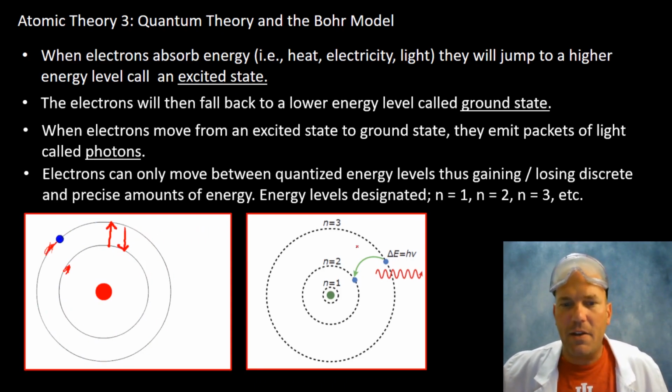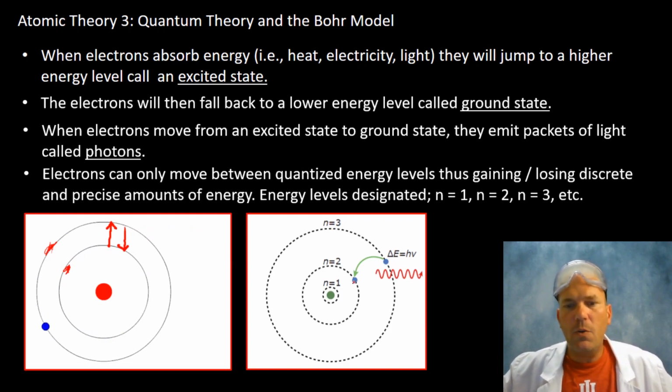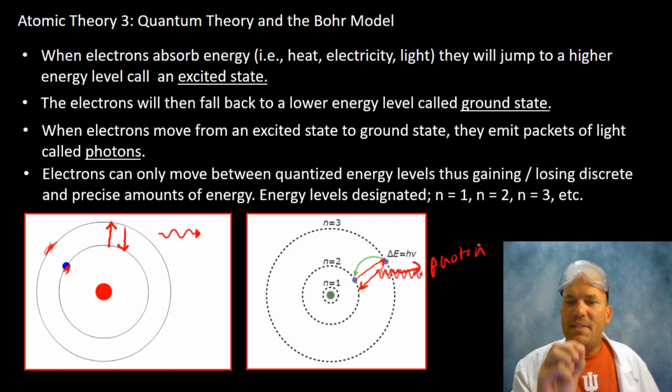This schematic goes out to the third energy level. So we see here that this electron can jump out to here, but when it falls, and that's what the green light line is showing, it emits something called a photon, light, a very specific light.